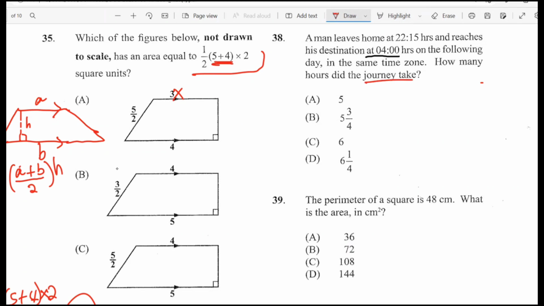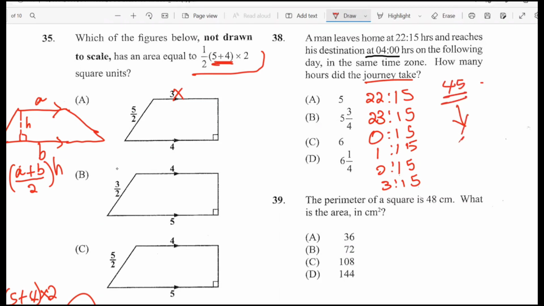You could simply walk yourself through it. 22 to 23. Then we get 0:15, 1:15, 2:15, 3:15, and then there'll be an extra 45 minutes to link it to 4.